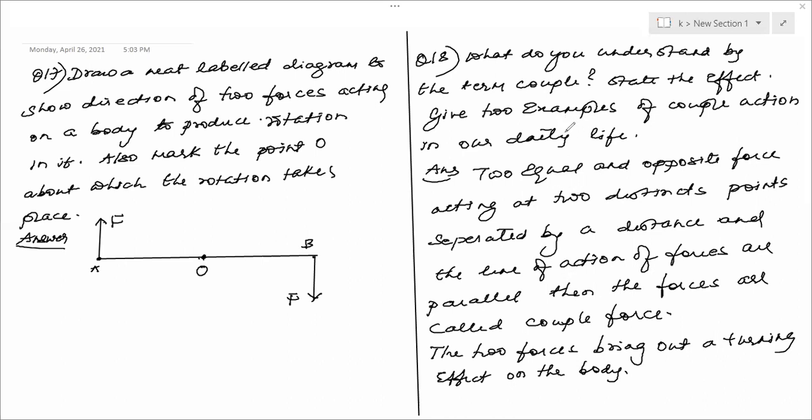Now, just not two examples, Veda. Please see examples in daily life. Like one, opening of a tap. Okay, you have to apply a couple force.